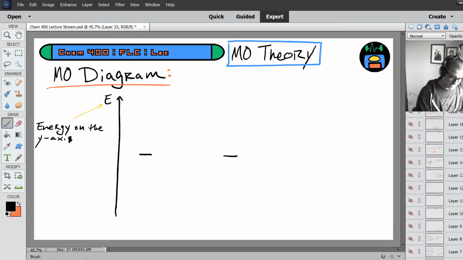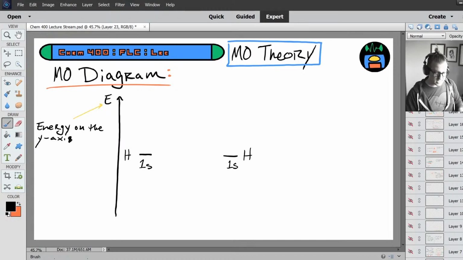And so this would be the 1s orbital on each hydrogen. In an MO diagram, you don't actually draw this part that I'm about to draw right here, but I'm just using it to illustrate the regions of it.